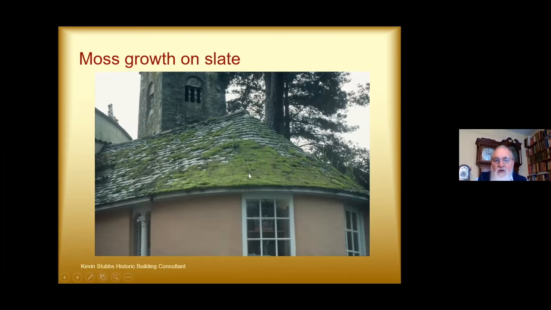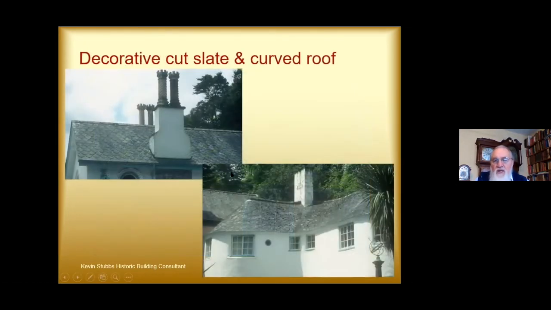So we're now rather stuck with the growth of mosses and lichens on the roof. There are one or two cowboys out there today that will come in with high pressure water lancers to blast it off the roofs, again usually doing more damage than good. So it's something we really have to live with.